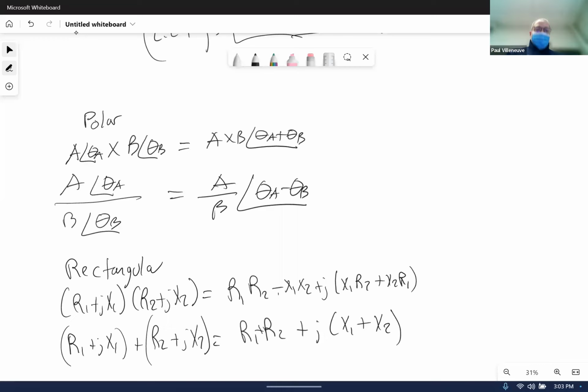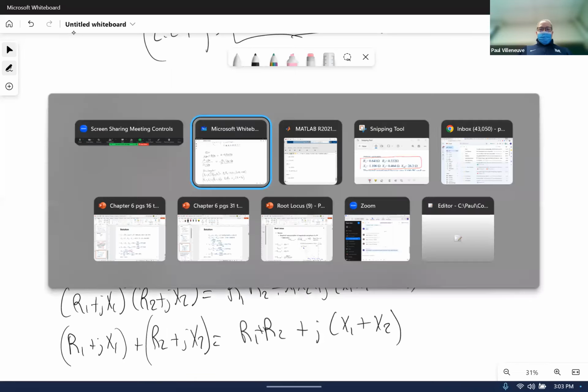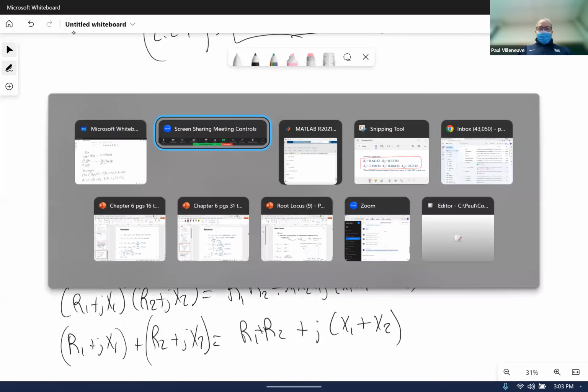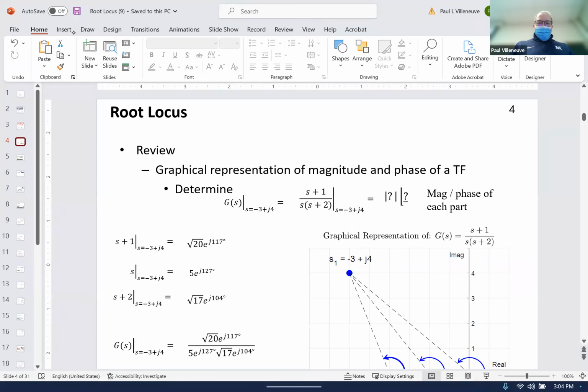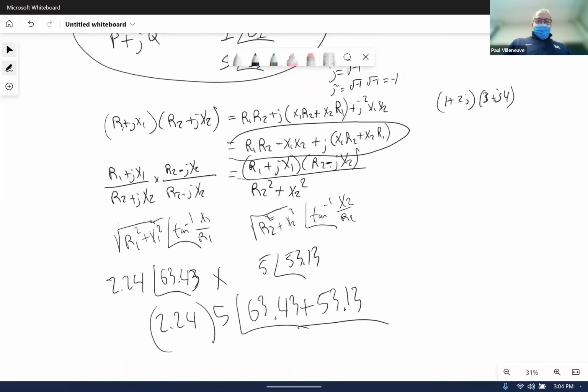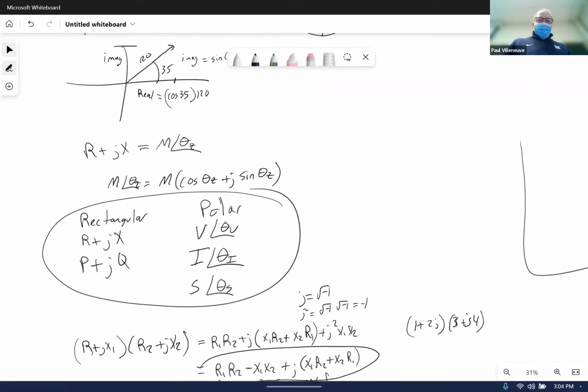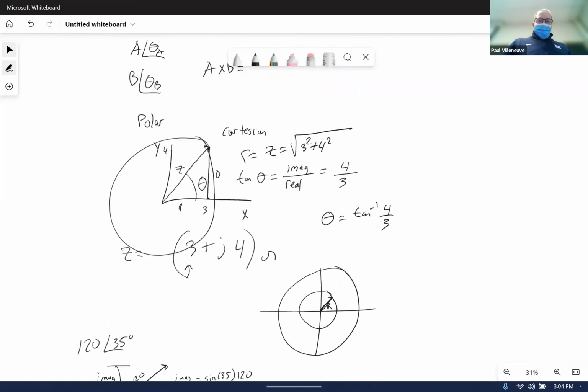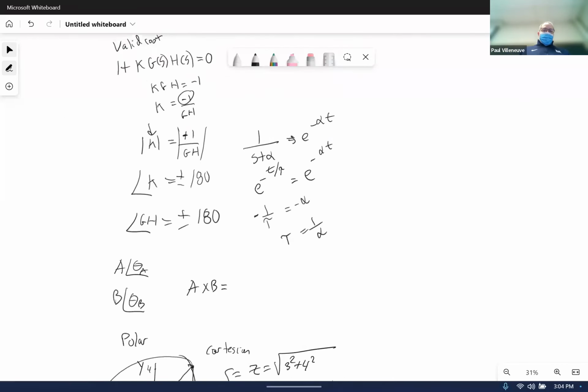Okay. So now that hopefully everybody's on the same general understanding about doing rectangular and polar, let's go back actually to here first. So remember when I said angle of GH plus or minus an angle of 180?